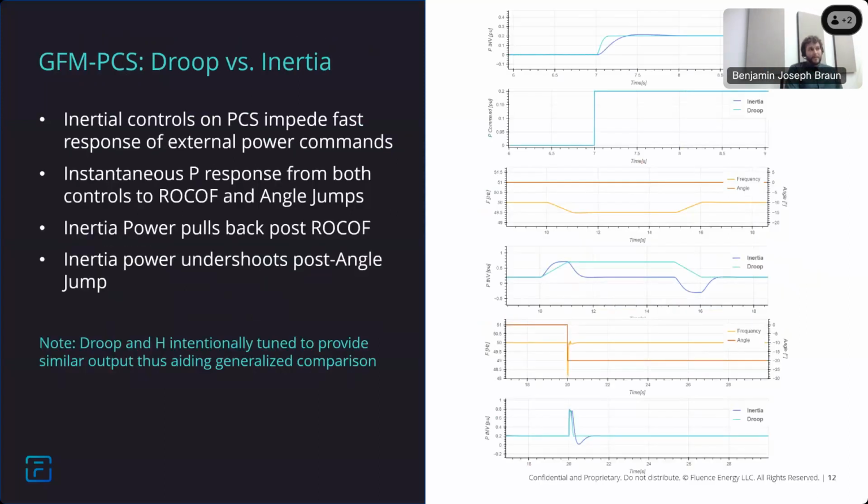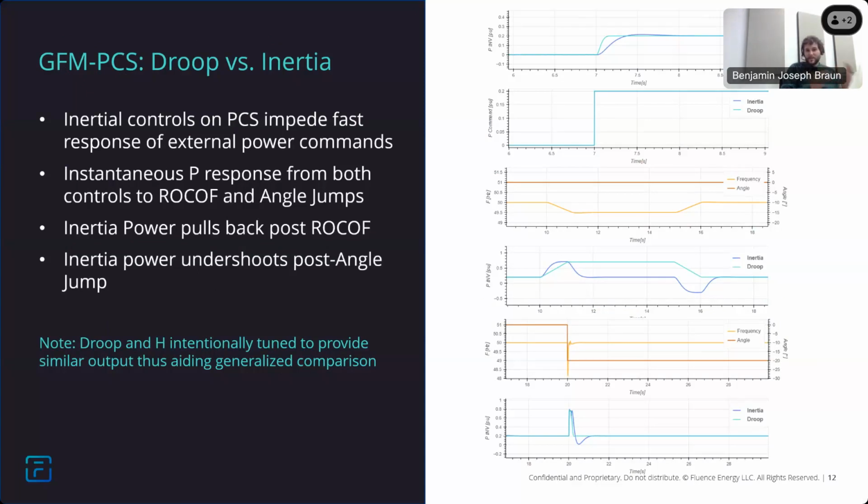Droop versus inertia. When we're on grid, providing the grid forming inertia, responding to rate-of-change-of-frequency events, the inertial control mode is good, but it's only reacting to the change of the frequency, not the absolute deviation. So in islanded situations and black start situations, generally the best control scheme that we've found is droop.